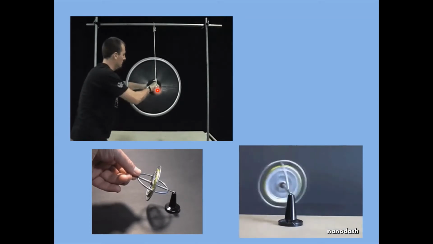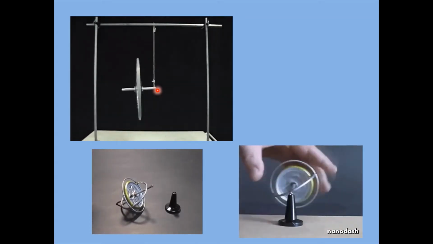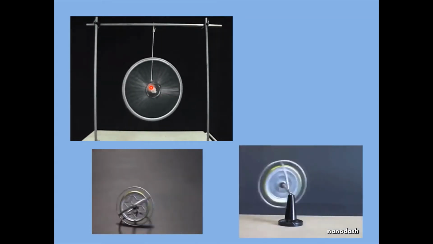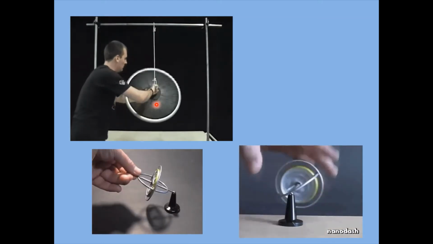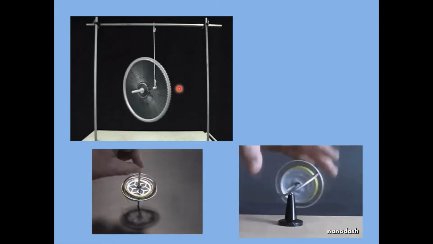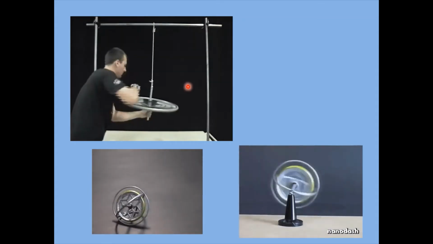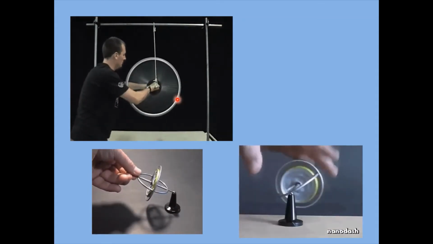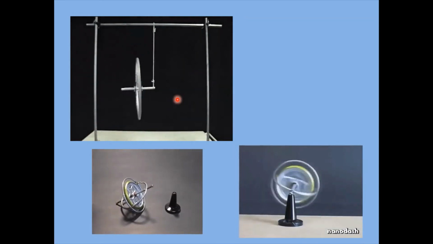And so without getting into too many of the details here, gravity, which tries to turn this thing down so it falls, actually causes the thing to precess and rotate in a circle. This is called a gyroscopic action or gyroscopic effect.